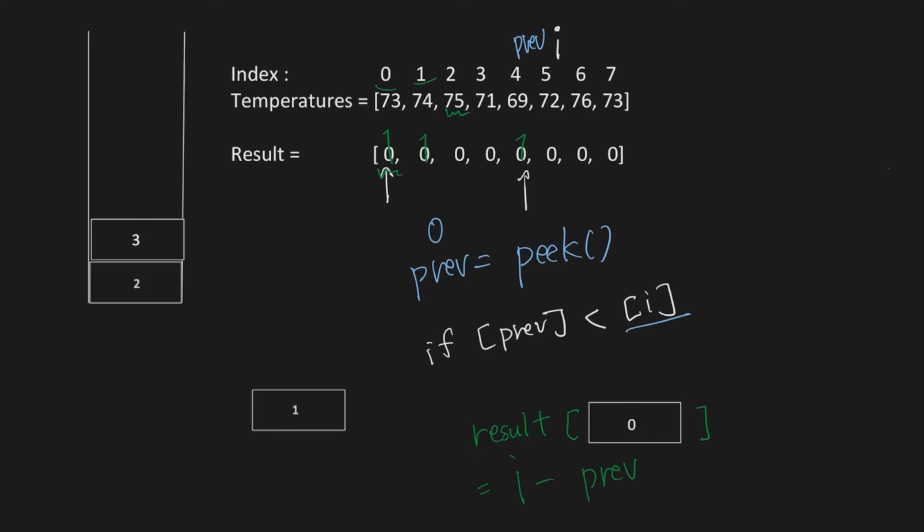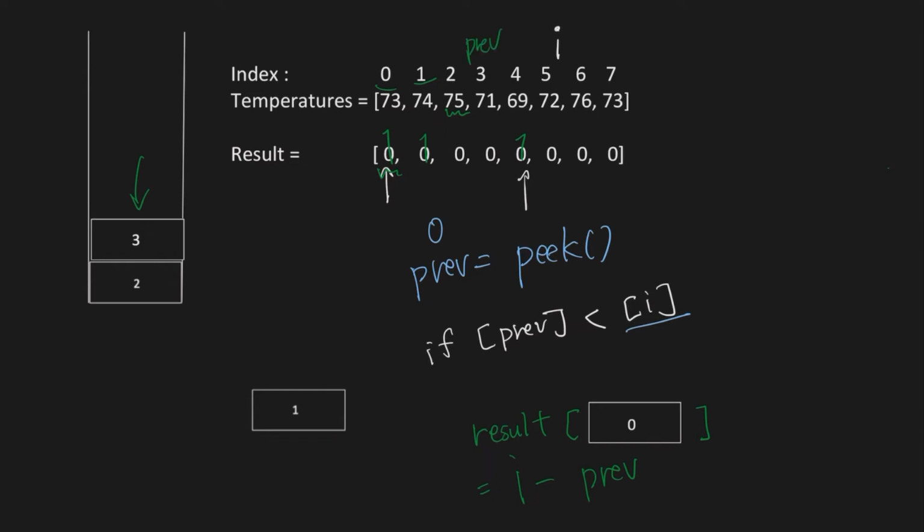Instead of going to the next index for the current index, we are going to check the stack, and we're going to peek from the stack again. And in this case, the previous index will be 3.